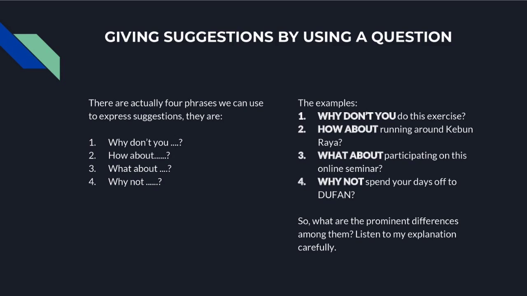Okay, the use of those 4 question forms is to make advice or suggestions less direct actually, and we can use a question to make the person we are advising or suggesting to consider the suggestion or advice we are giving them. Okay, so these 4 expressions, these 4 questions, can be used both in suggestions and advice. Okay, look at the examples.